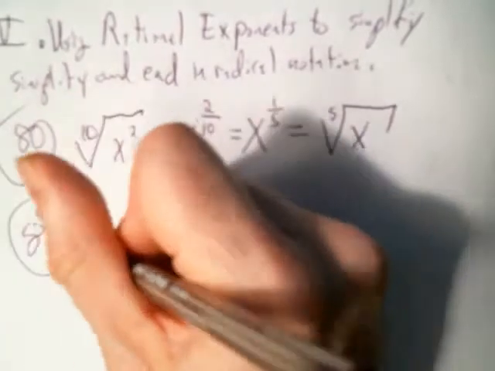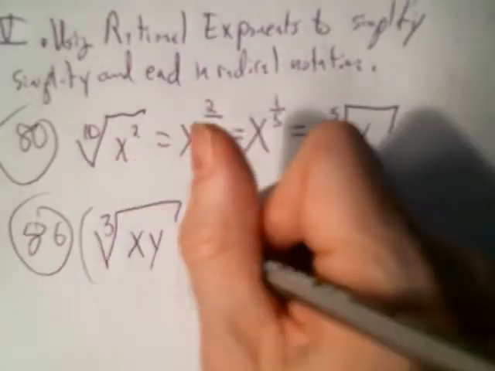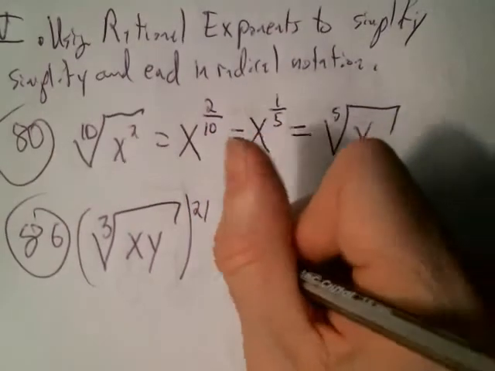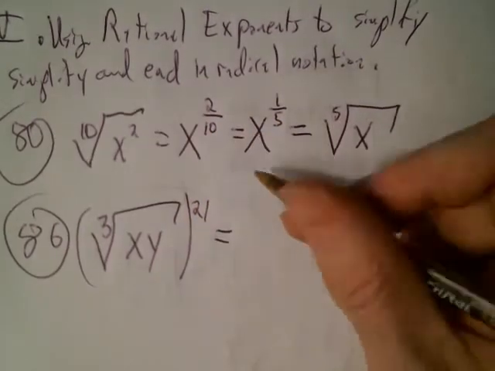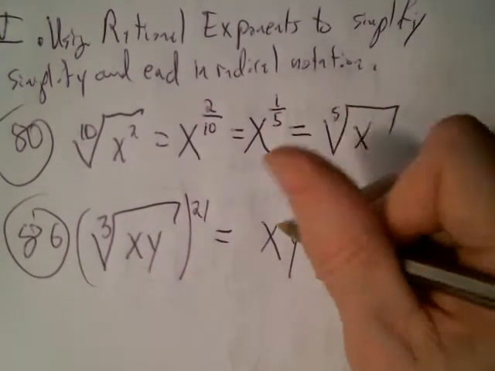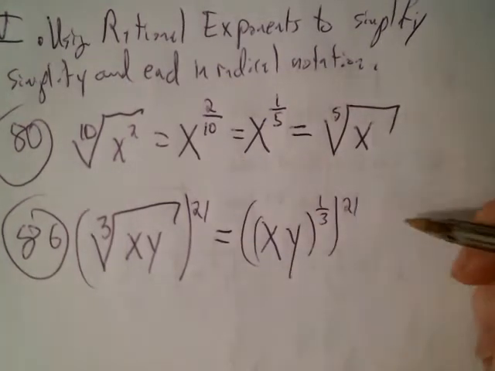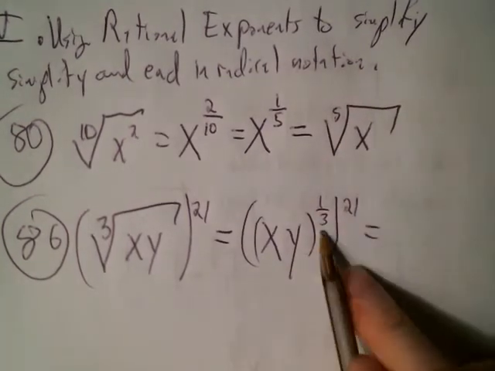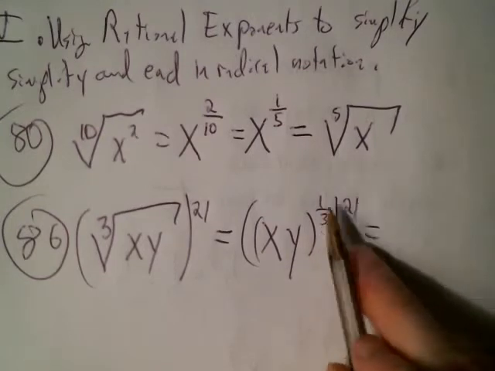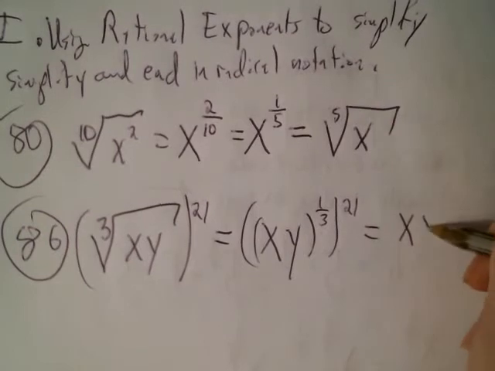Let's try 86. You have the cube root of xy raised to the 21st power. Okay, so I want to convert it to a rational exponent. So I'll have xy to the 1/3 power, and then raised to the 21st. And then we can multiply out exponents. So 21 times 1/3 will end up being 21/3, which is 7.